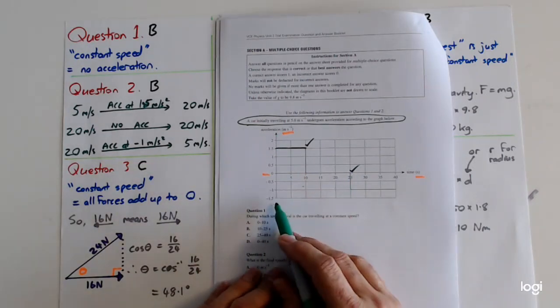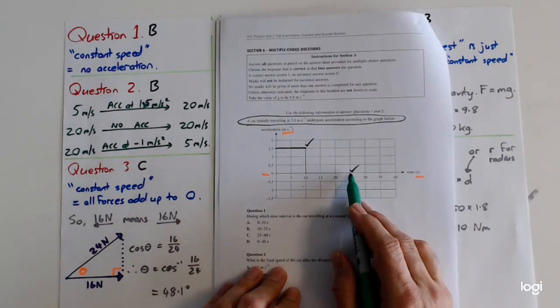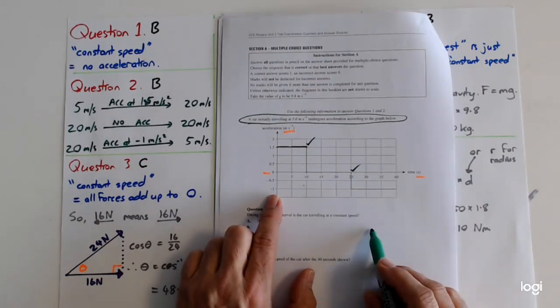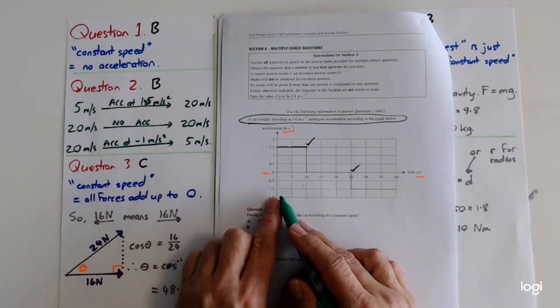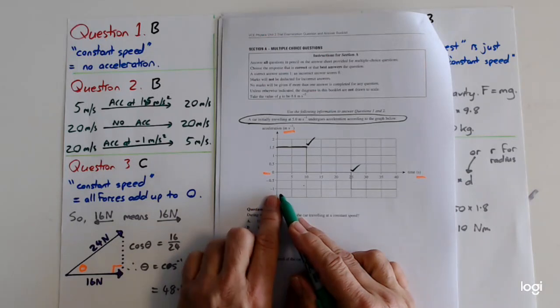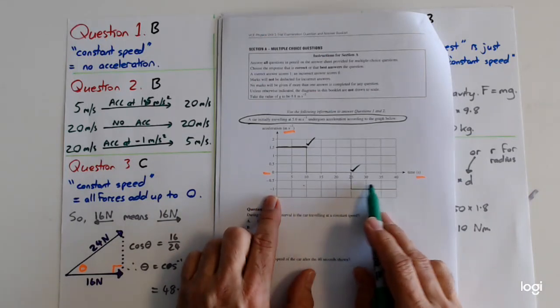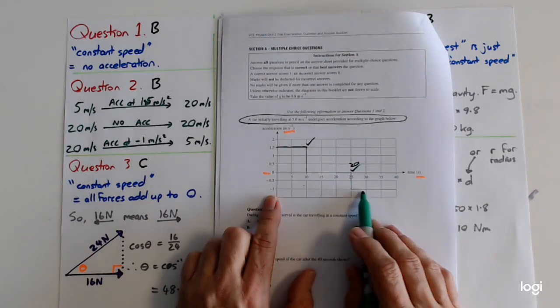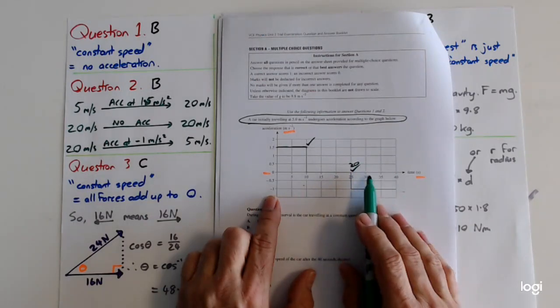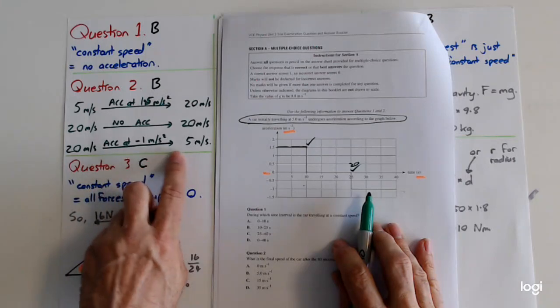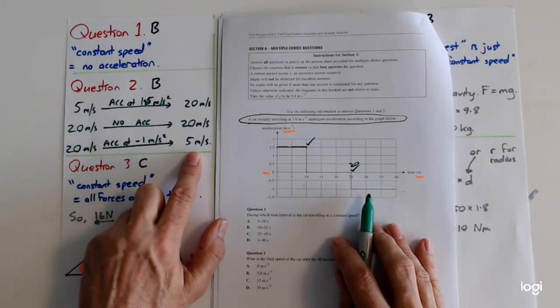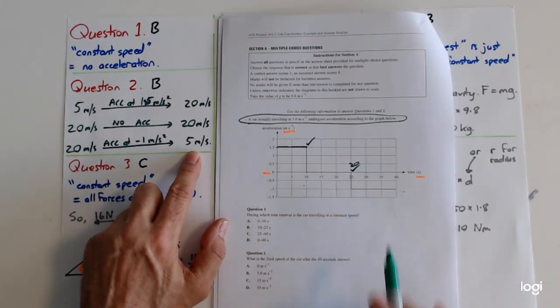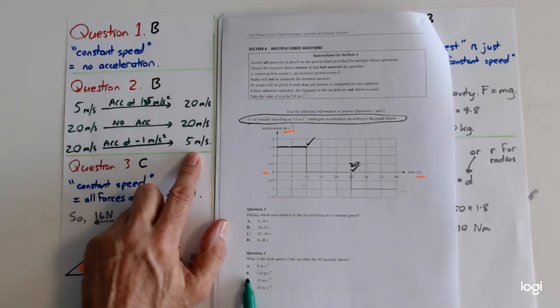This is an acceleration graph. Negative acceleration is slowing down. It's decelerating. It's losing 1 meter per second each second, and it does that for 15 more seconds. So if it was doing 20 and it's lost 15, 20 minus 15 is 5. So its final speed will be 5. So the answer is B.